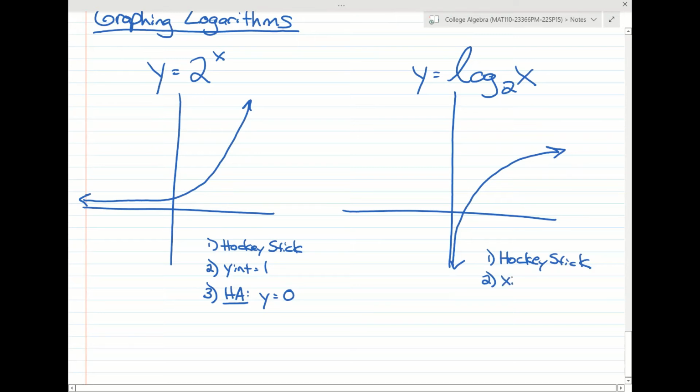The x-intercept is equal to 1. And then we don't have a horizontal asymptote, we have a vertical asymptote. The vertical asymptote would just be x is equal to 0.